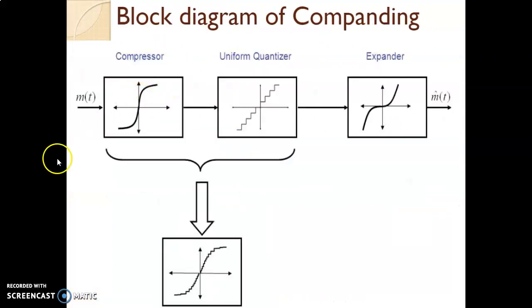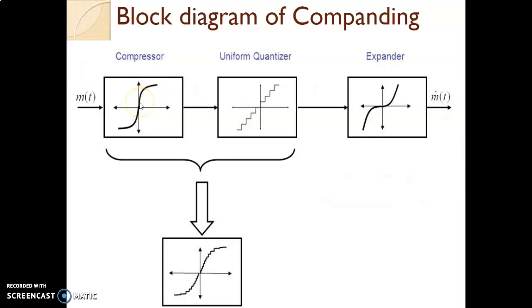So you can see there is a block diagram of the companding. In the first block, there is a message signal which is given to a compressor. The compressor produces an output similar to that of the uniform quantizer. This is the characteristic of the compressor.